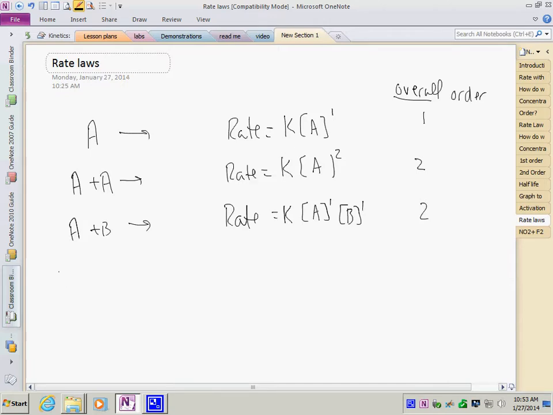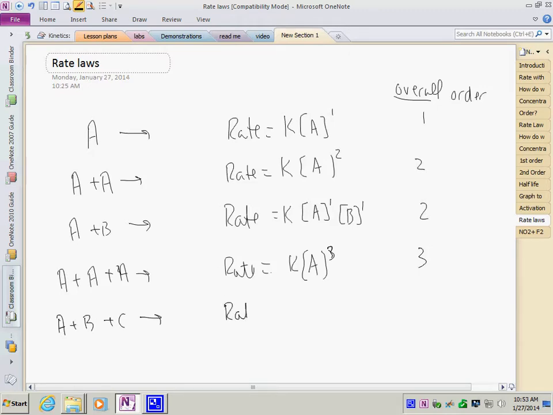I could, however, have a reaction where I have to slam, let's say, 3 A's together. This is going to be rate equals k, A concentration, and I'm going to just do it like this, A to the third. Third order overall. Or we could have A plus B plus C. 3 things needing to hit simultaneously in order for a chemical reaction to occur.